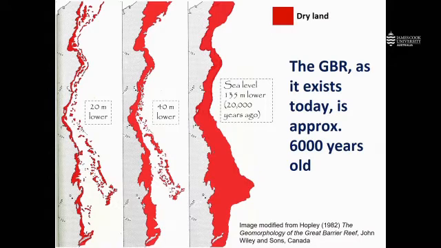So 20,000 years ago, when sea levels were around 135 meters lower than today, most of the Great Barrier Reef was actually dry land. When sea levels were 40 meters lower than they are today, you can still see there would have been areas of coral reef in these white areas where it was ocean, but also the position of the coastline has moved much further out than it is currently.